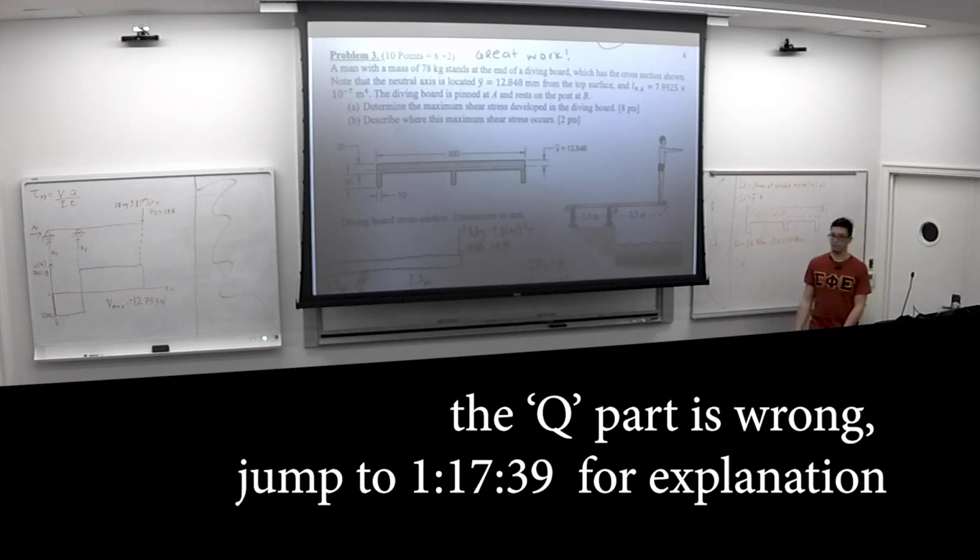I just put everything back to meters to make it easier, but be careful because they gave you that value in millimeters, so just change it back. 0.35 times this is your area, times the distance from the center to the edge, which is 0.012848 meters divided by 2, because that's the distance from the center to the edge. Does everybody see how I got these two?